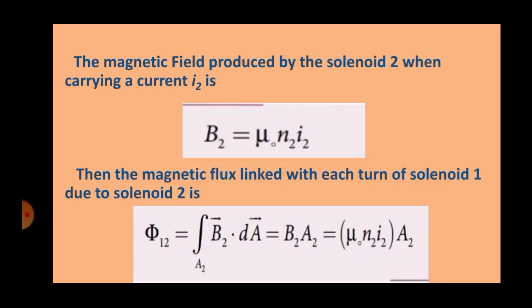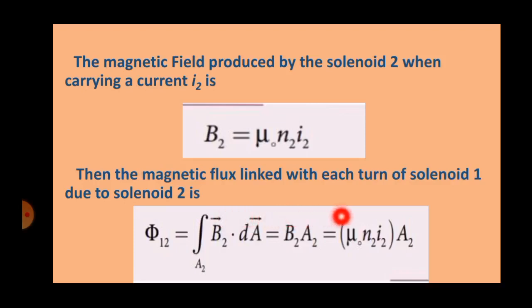but not area A1. Then the magnetic flux phi12, now listen to it, is the magnetic flux linked with each turn of solenoid 1 due to solenoid 2. Therefore, flux phi12 is equal to the integral of B2 into dA. Now write it in magnitude form, B2 into A2.